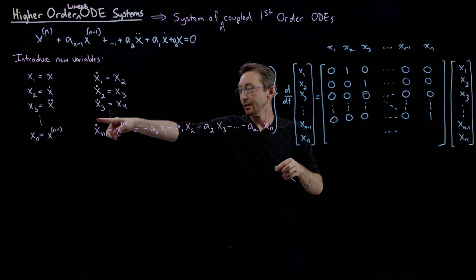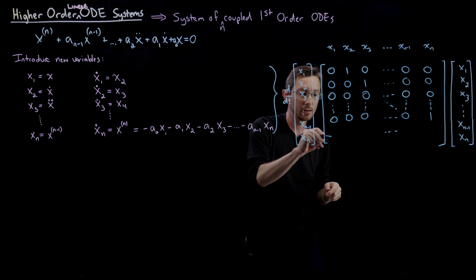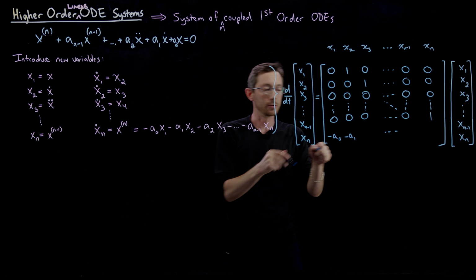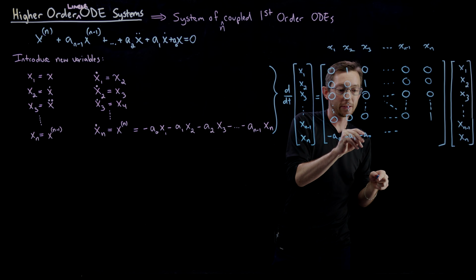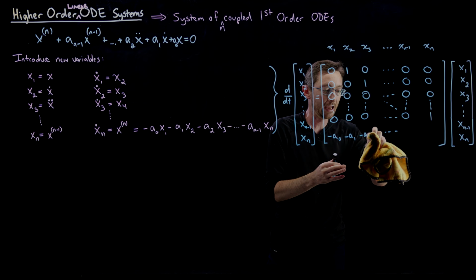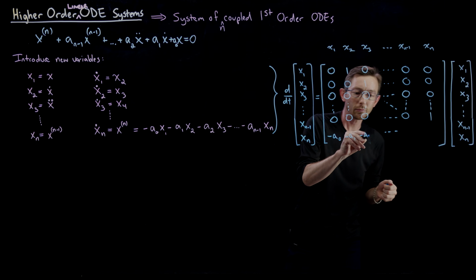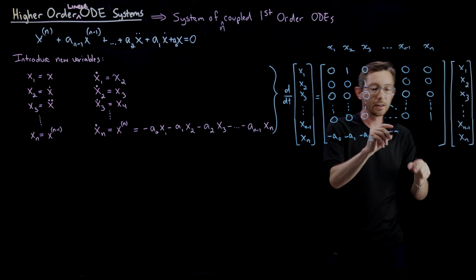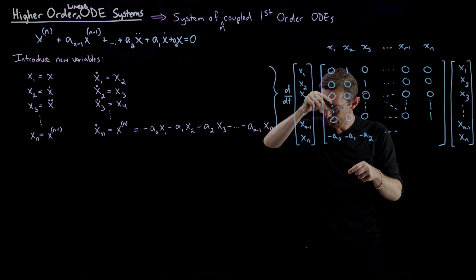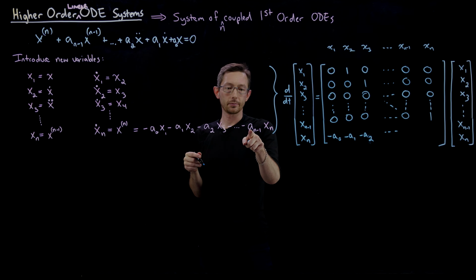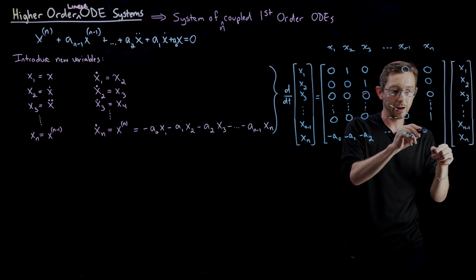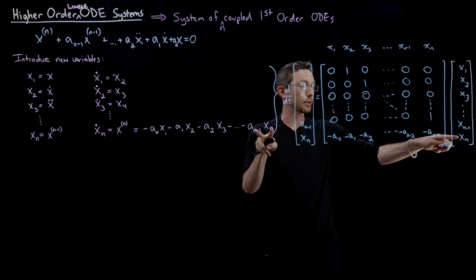So this xn dot is minus a0 times x1, minus a1 x2, minus a2, sorry, I really should be careful here, minus a2 times x3, dot, dot, dot, minus a n minus 2 times x n minus 1 and minus a n minus 1 times xn.